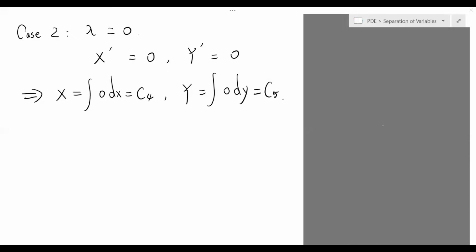Hence, the solution of the partial differential equation is just the product of capital X and Y, which is just the product of those two arbitrary constants. And we could combine them into a single arbitrary constant denoted by c sub 6.